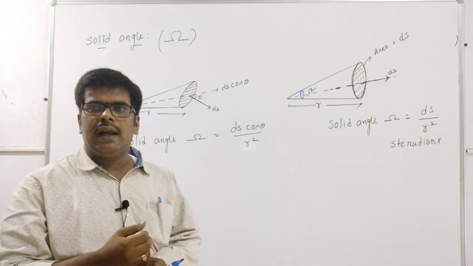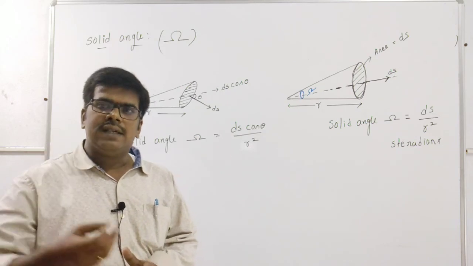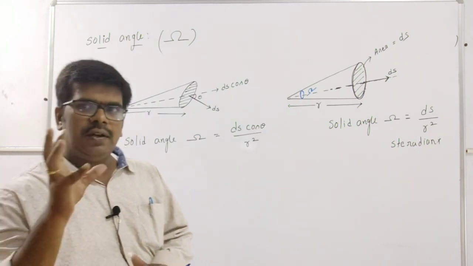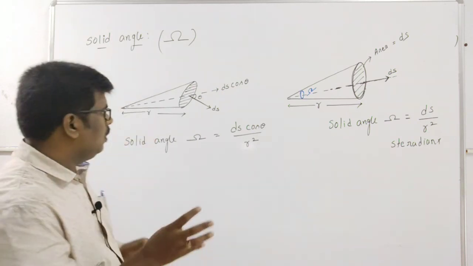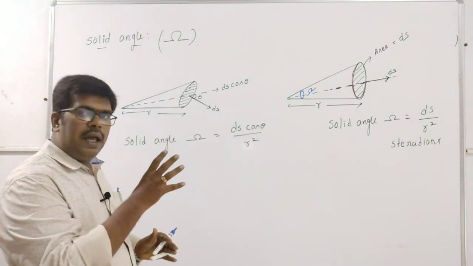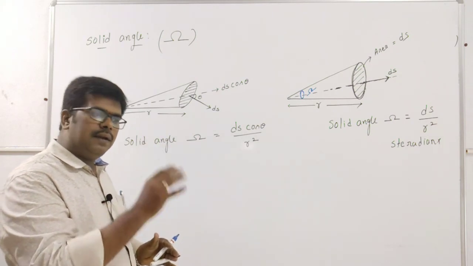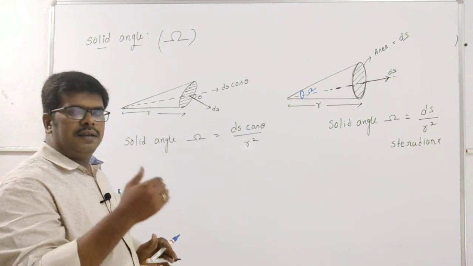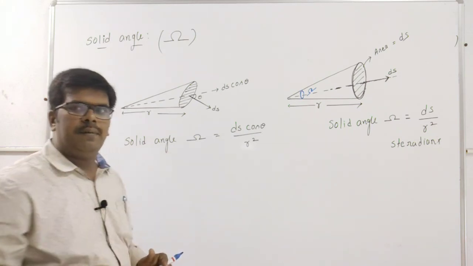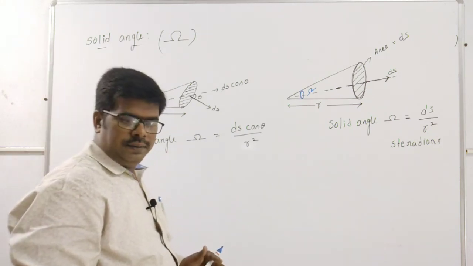So first we need to take the concept of the solid angle made by a disc at some distance, x or y, from its center. We will be discussing that in the next concept.